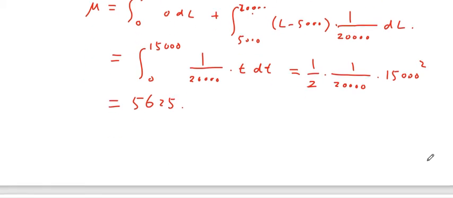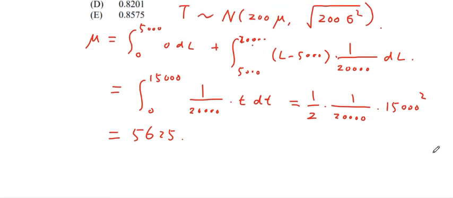Then find variance. So we need to find the payment squared. Okay, so here's 0, so this becomes this squared, so we need to do this integration, right?